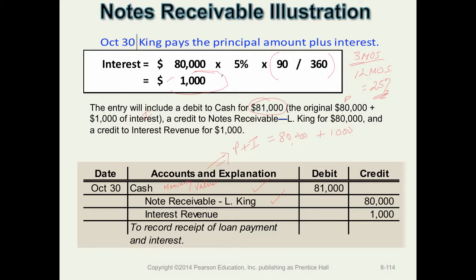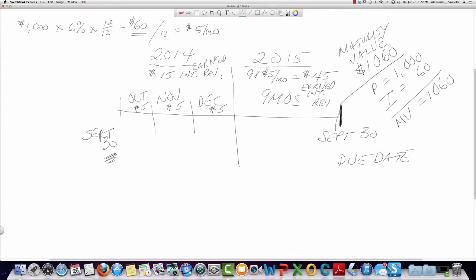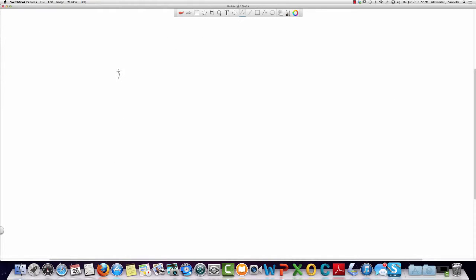And once again, in the event that that note was not paid, let's see what would happen. Let's go to the whiteboard, and let's assume the note was dishonored at the maturity date or at the due date. You didn't collect it, but you would reclassify the note and the interest at its maturity value into accounts receivable.